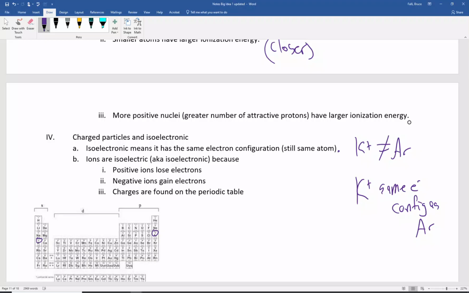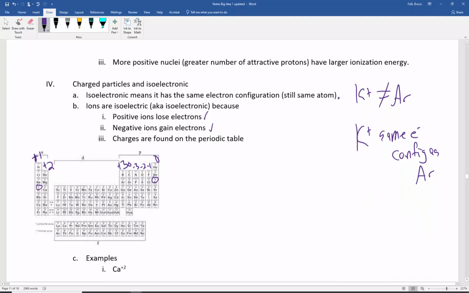Ions are isoelectronic because positive ions lose electrons, negative ions gain electrons, and we can get those charges in the periodic table. Everything in this column is +1, everything here is +2, +3, 0, -3, -2, -1, 0. So if you gain or lose one, you're going to do this.